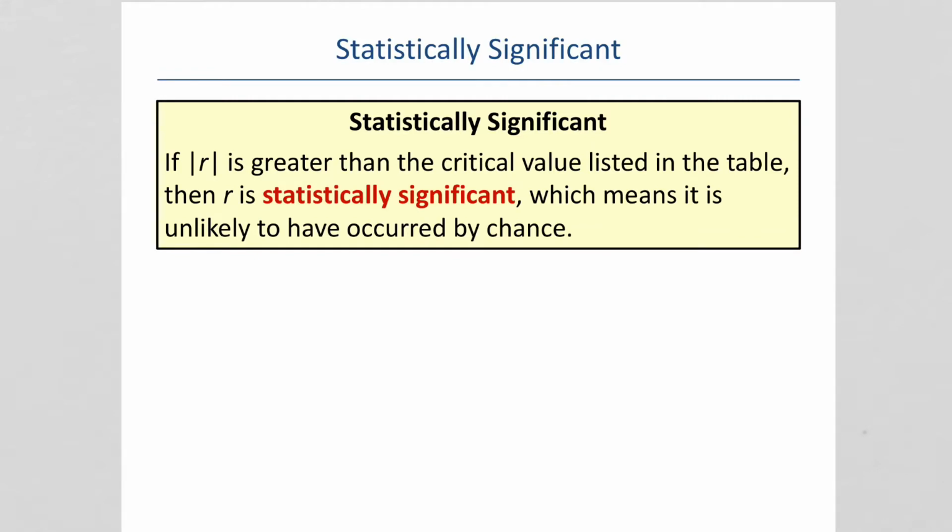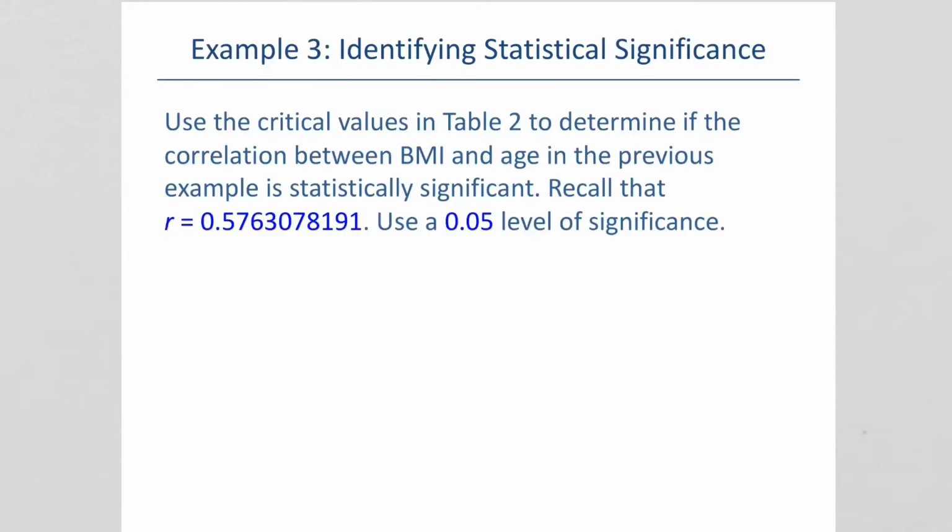If the absolute value of R is greater than the critical value listed in the table, then R is considered to be statistically significant, which means it's unlikely to have occurred by chance. It's important to draw the right conclusions.